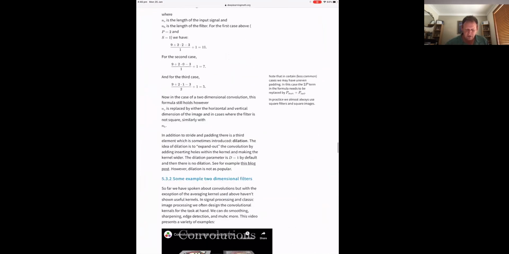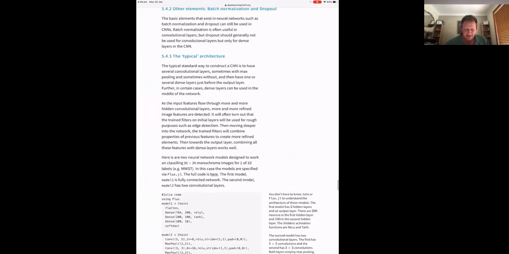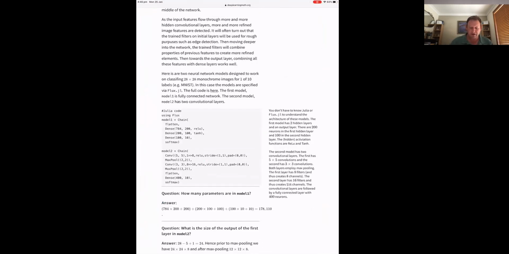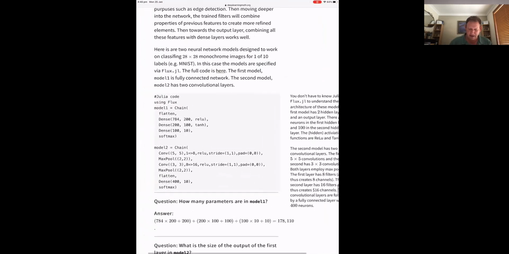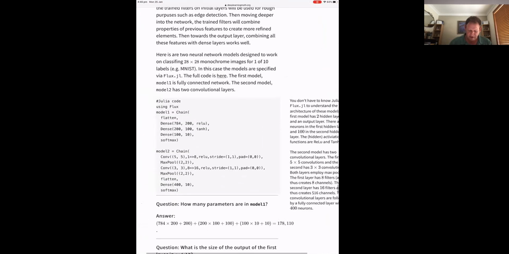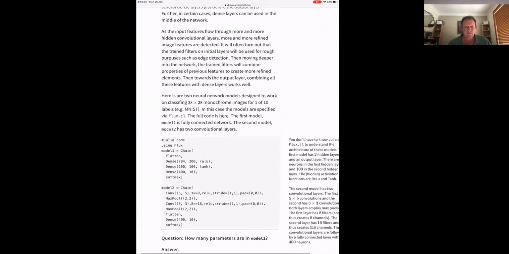This is Julia code with a framework called Flux, but it doesn't matter. Think of this as just a description of a network. There are two networks here. There's a network which we call model 1, and a network which we call model 2. Model 1 in this case is a network that's fully connected.